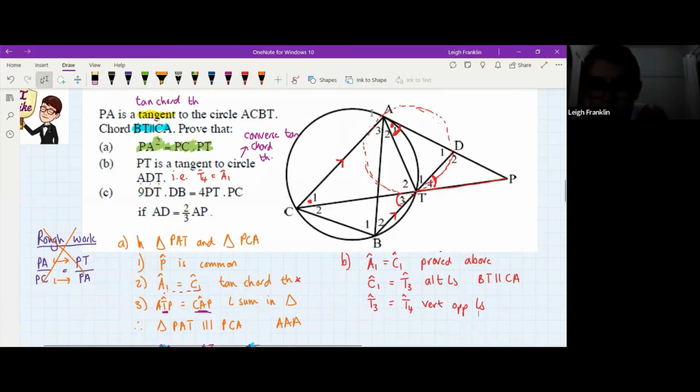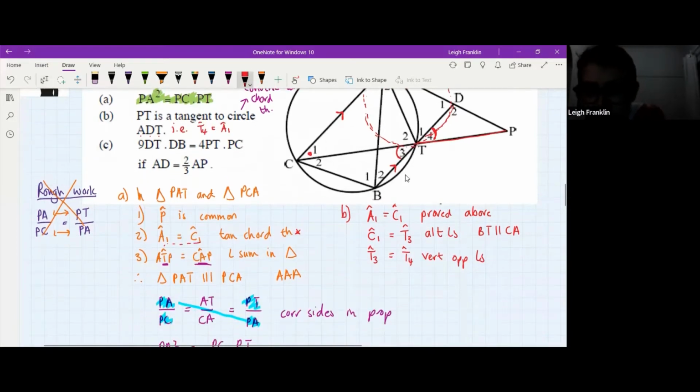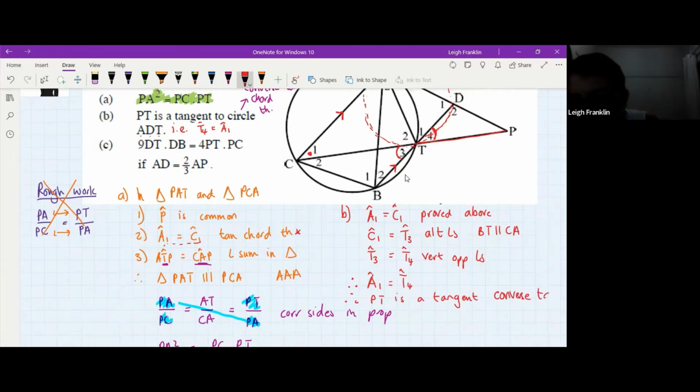Now we can conclude that if all of these angles are equal to one another, then the one where we started and the one where we are ending have to be equal as well. Therefore, those two are equal. So that is the reason why PT is a tangent. And as you had correctly said in the beginning, I think it was Nokutaba who said this, we're going to use converse tan chord theorem.